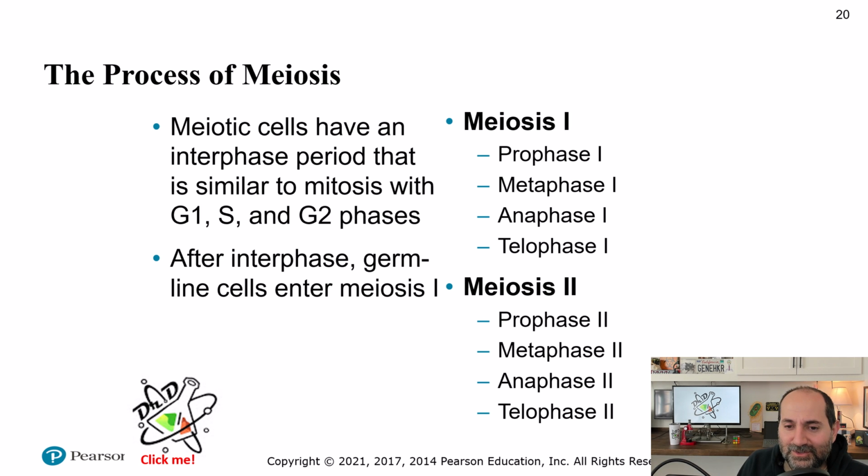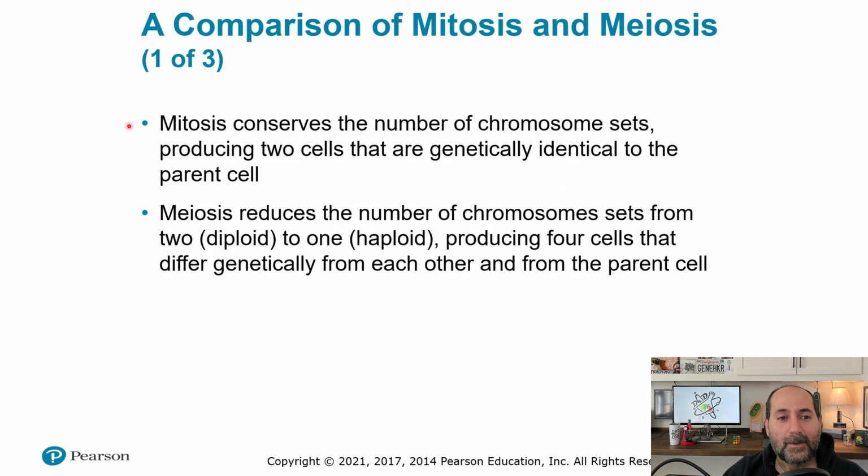So if I were to ask you which one's more similar to mitosis, it would have to be meiosis II. Again, mitosis, which was covered in chapter 12, occurs in the somatic cells of your body. The purpose of mitosis was to conserve the number of chromosome sets, producing 2 cells that are genetically identical to the parent cell.